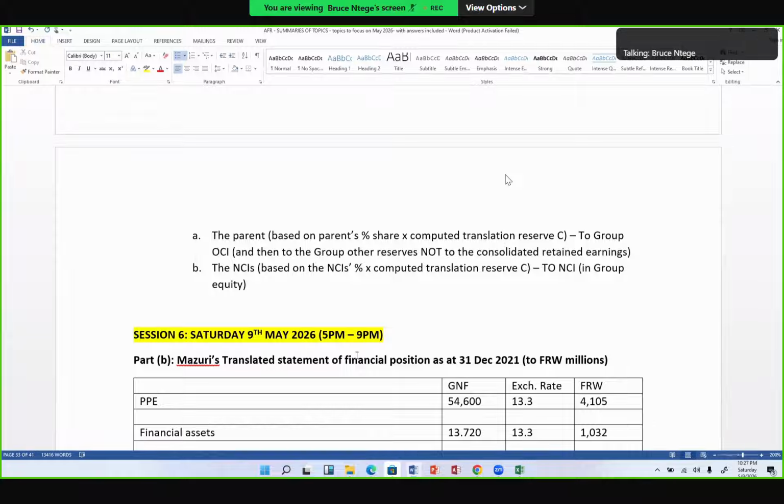More likely there, especially today in the morning where I said there may be no change in status. So you have disposed of a subsidiary, but you retained control. Or you have acquired more shares in the subsidiary, but you already had control, you're just buying more. So that's the simplest calculation you're going to get, that adjustment in the non-controlling interest and the group other reserves.